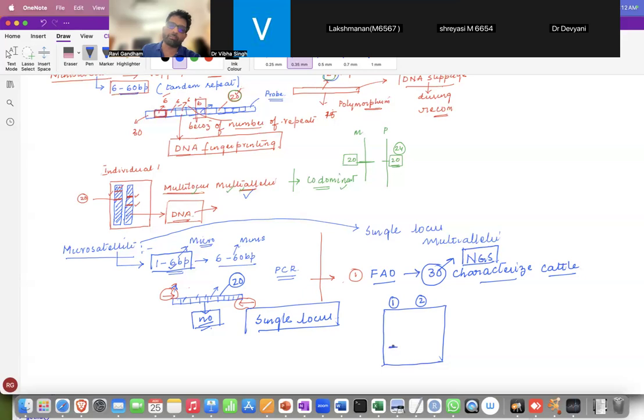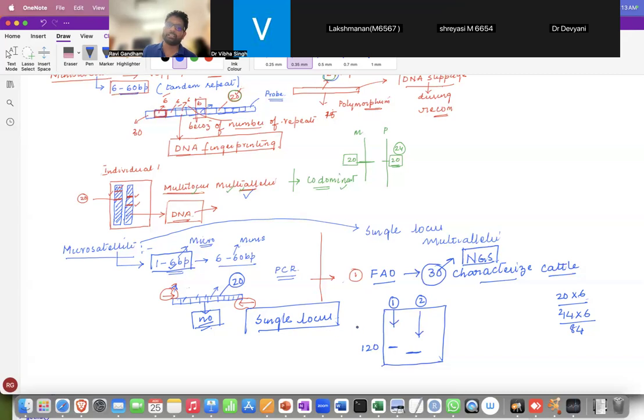Now, in the second individual, where you have run the same set of primers, let us say it has only 14 repeats. 14 repeats multiplied by 6, 6 fours are 24 and 60, that is 84 base pairs. So you will have an 84 base pair fragment in individual 2. In individual 1, you have around 120.